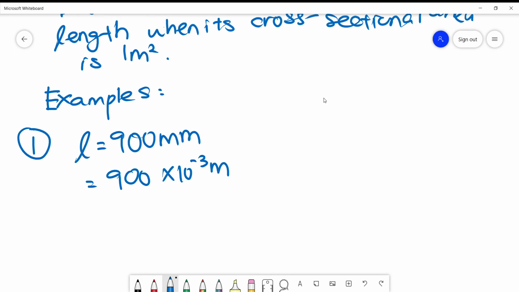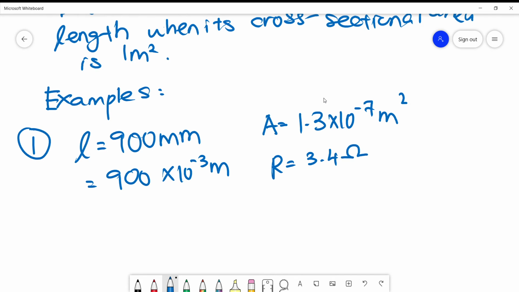The cross-sectional area of the wire is 1.3 times 10 to the power negative 7 meter squared. The resistance R is given as 3.4 ohm. The question is, what is the resistivity of the wire?